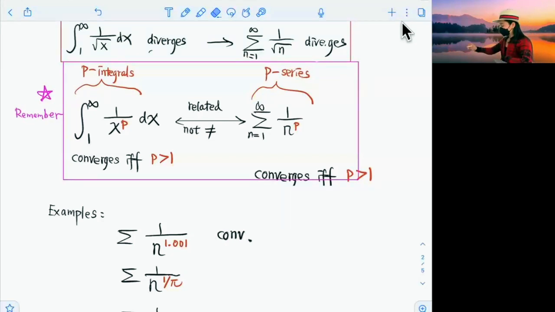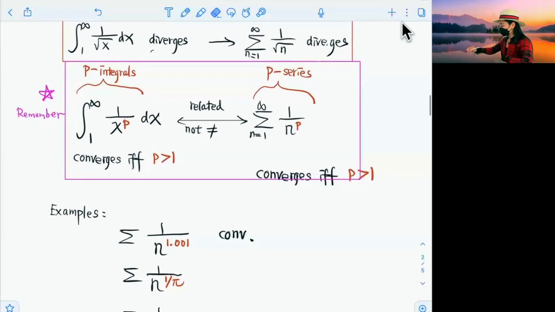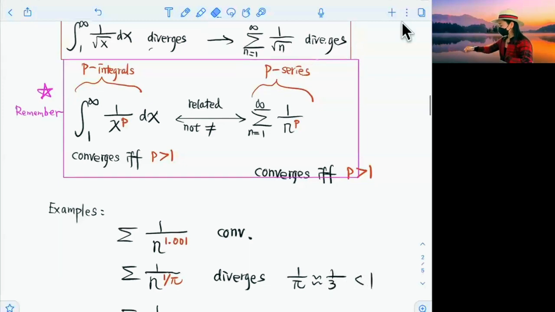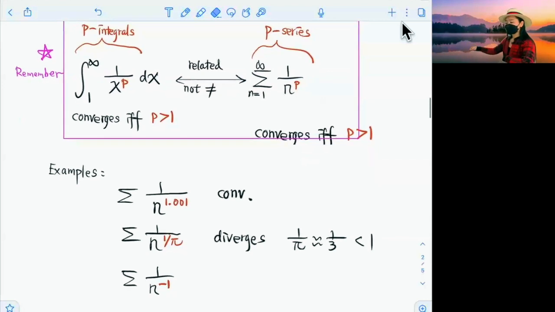And what about the next one? Diverge, because 1 over pi is about 1/3, which is less than 1. Then the last one, converge or diverge? It diverges.